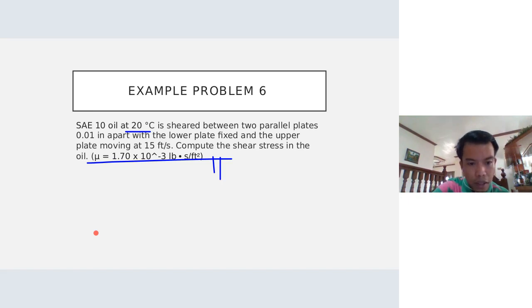Miss Andrea has a question. Sir, sa volume po, pag integer lang, walang equation, di na po need ng derivation. Yes, kapag velocity, yung given, there is no need for derivation.